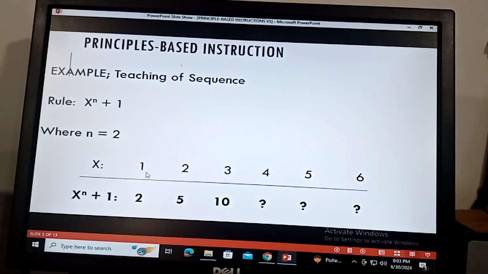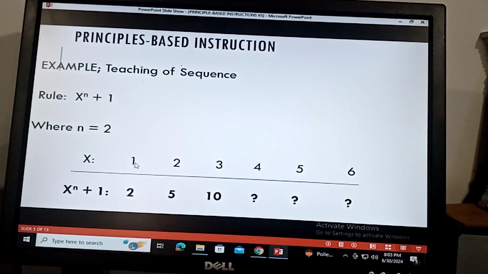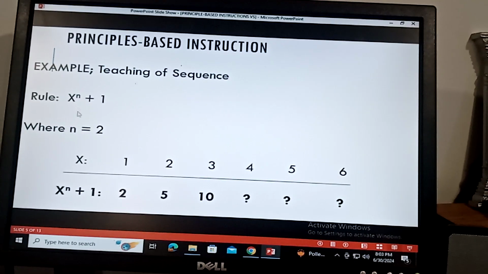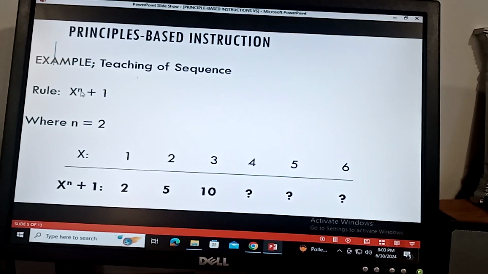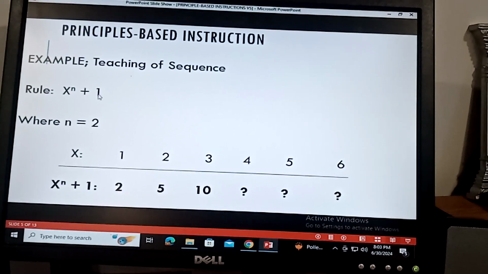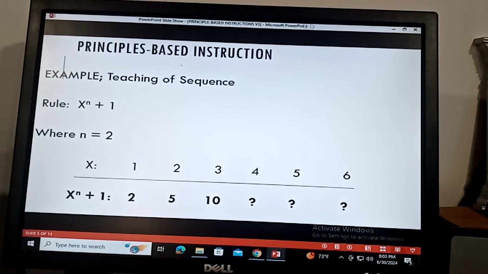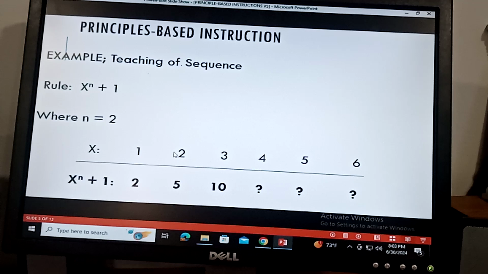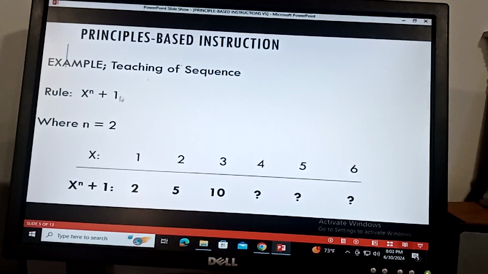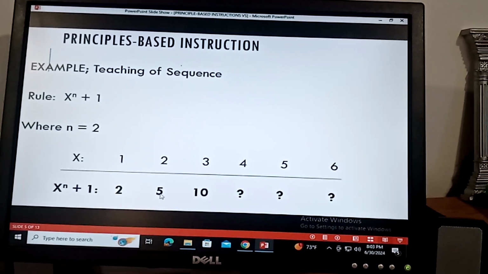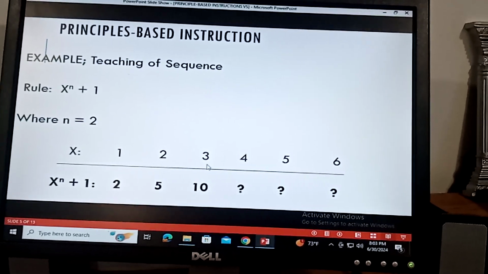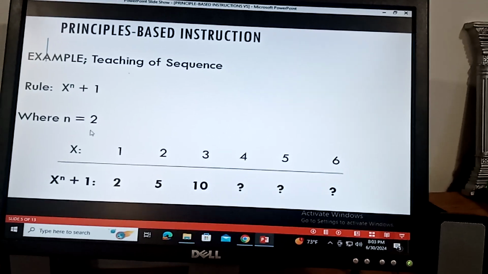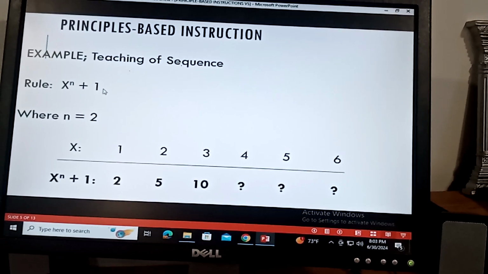So let's see. If x is 1, and we plug 1 into the rule, then we have 1 raised to the power 2, which is 1, plus the constant 1 will give us 2. When x is 2, then 2 raised to the power 2 will be 4, plus the constant 1 will give us 5. If x is 3, then 3 raised to the power 2 is 9, plus the constant 1, that gives us 10.